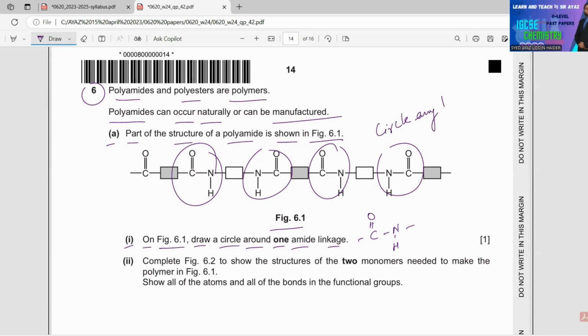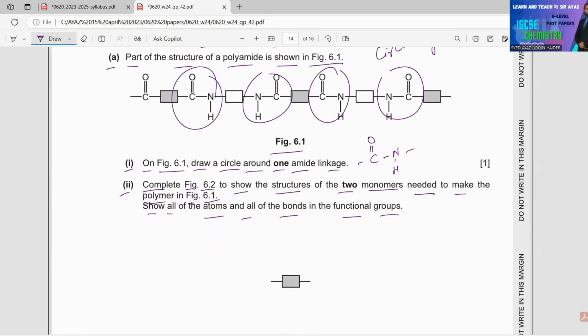anyone. Number 2, complete figure 6.2 to show the structures of the two monomers needed to make the polymer in figure 6.1. Show all of the atoms and all of the bonds in the functional groups. So if you look at this carefully, it's not that difficult.